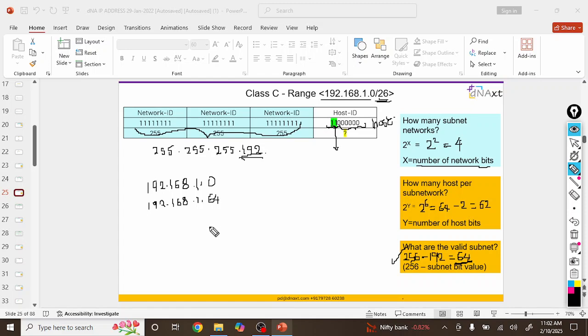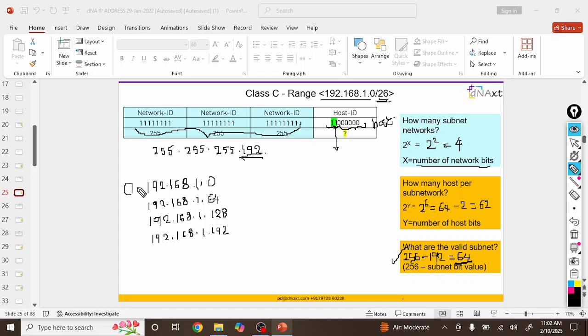So 192.168.1.0, 192.168.1.64. The third valid subnet will be 192.168.1.128, 64 plus 64 is 128, and the last subnet will be 192.168.1.192, because 128 plus 64 is 192.